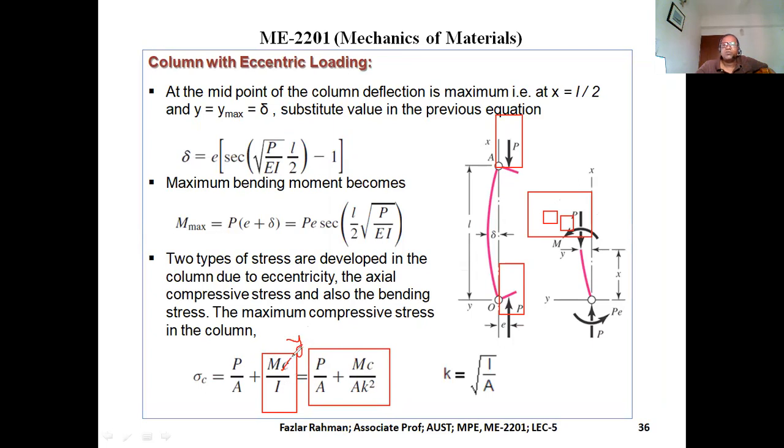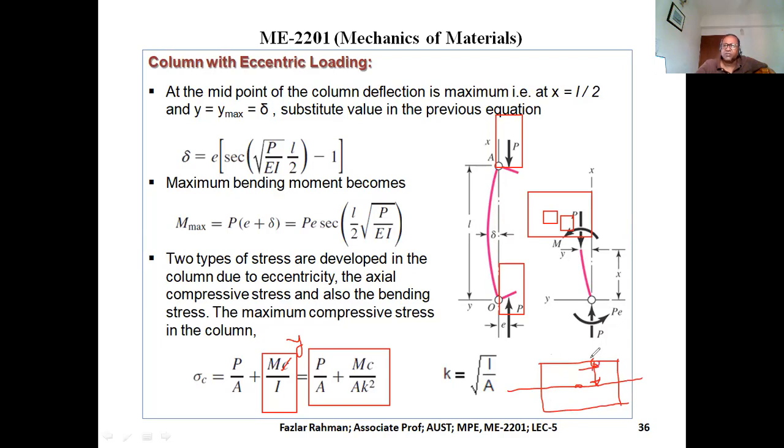What is the bending moment will be maximum? If your cross section is, say, rectangular, and this is your neutral axis, this is your CG, then this distance, that means the bending moment at the outer fiber, is always maximum.